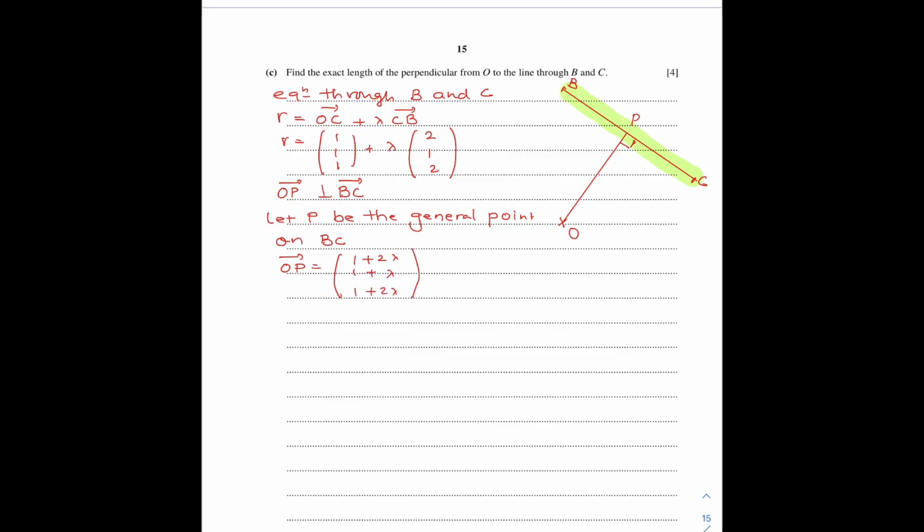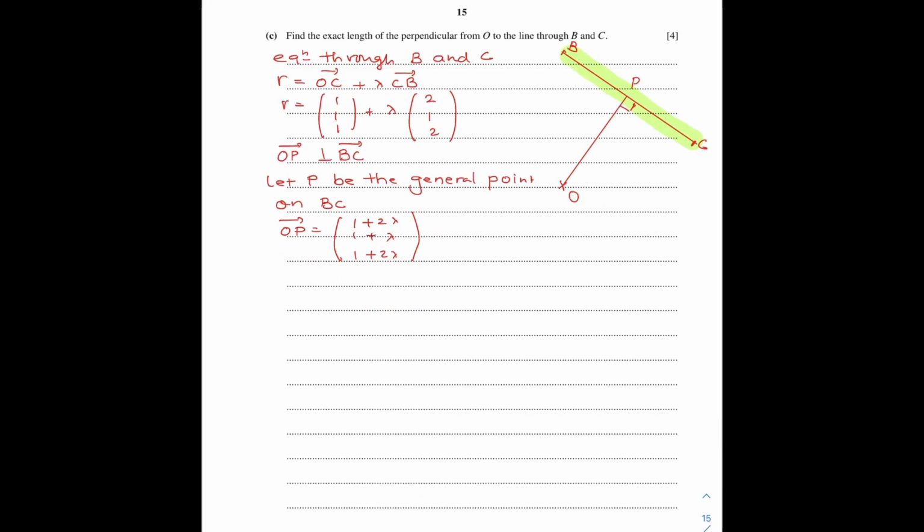So the equation of P, the position vector of P, we can say. And CB is (2, 1, 2). Alright, the direction vector of CB is (2, 1, 2).